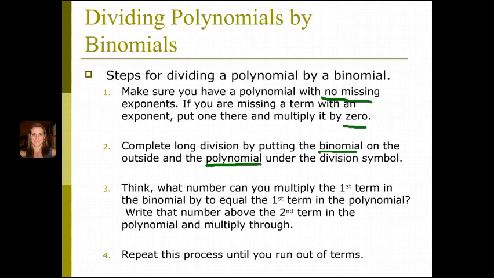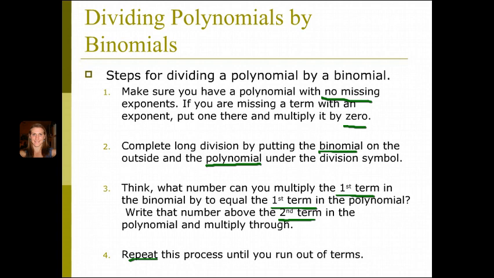You need to think, what number can you multiply the first term in the binomial by to equal the first term in the polynomial? And you're going to write that number above the second term in the polynomial and multiply through. And this will make a little more sense when we start our examples. And you're going to repeat the process until you run out of terms.